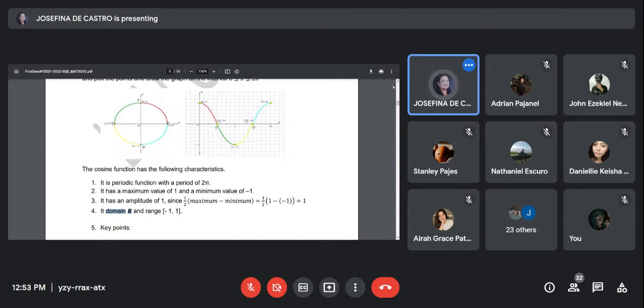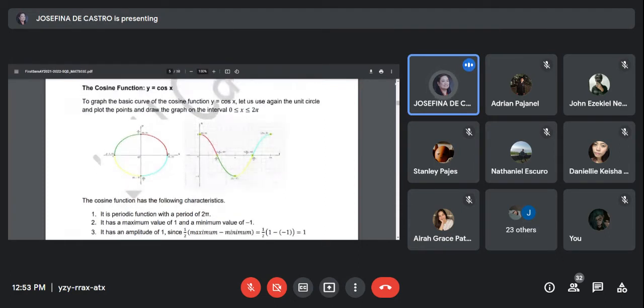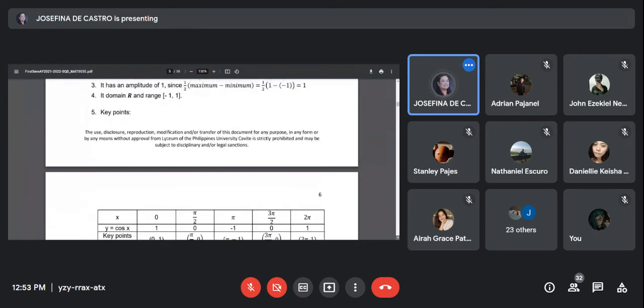Ang isubstitute mo kay x dito sa equation natin, kahit ano ang value ng x, pwede. Pero si y mo ay hanggang 1 to negative 1 lang. Pag pumindot ka ng any cosine angle, hindi yan lalampas ng 1. Wala kang lalabas dyan na 1 point something. Okay?